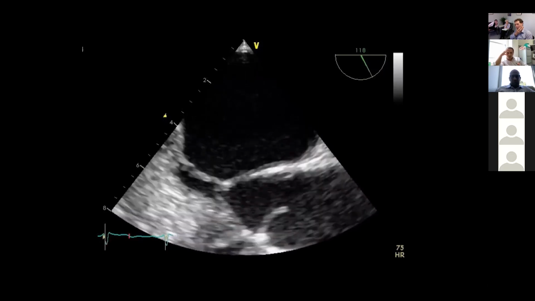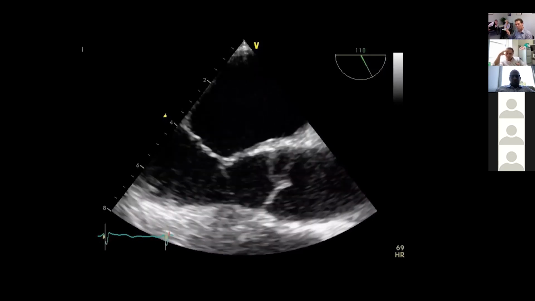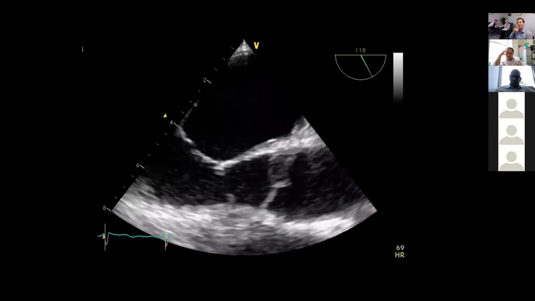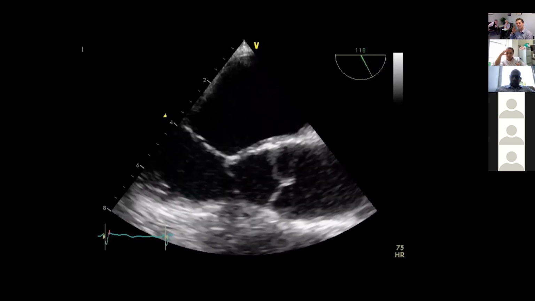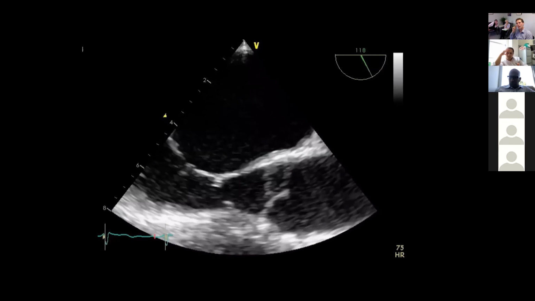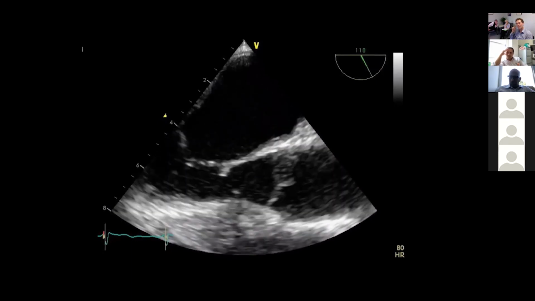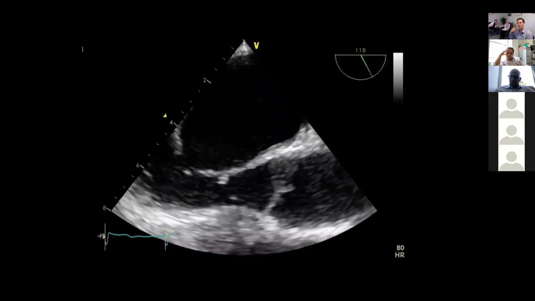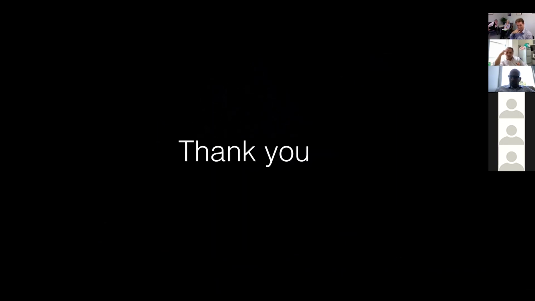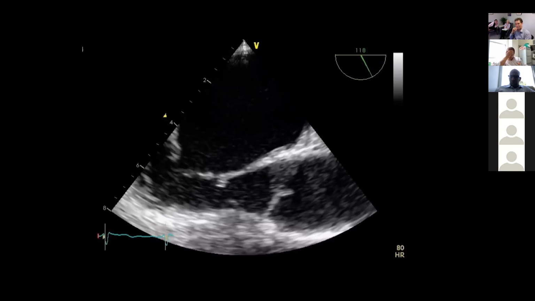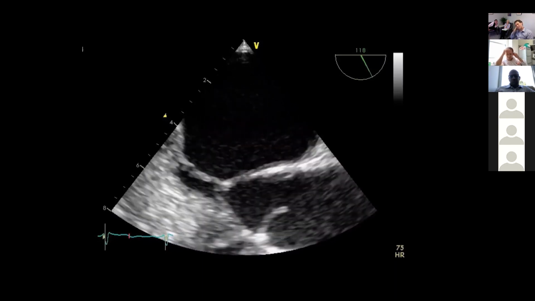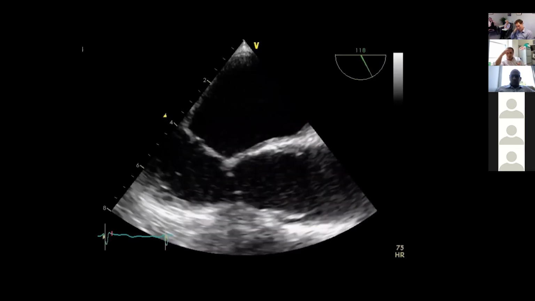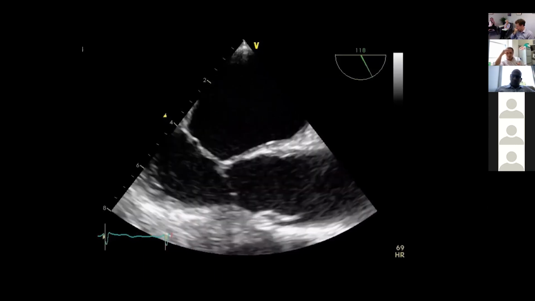Now, the question that I messed up in the ASC exam, and I can't remember exactly what it was, but it was along the idea of, with this, how do you measure the area of the aortic valve? So here it will change a little into what would be the effective orifice area rather than the true valve area.